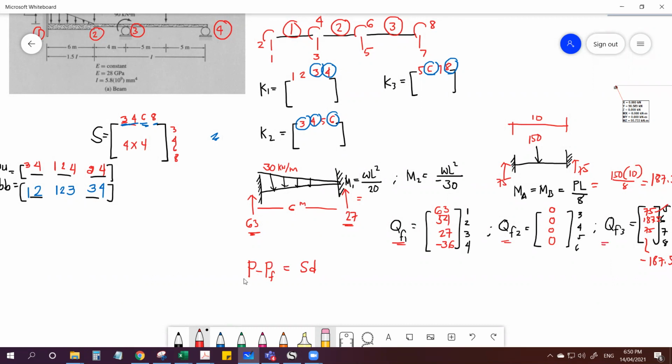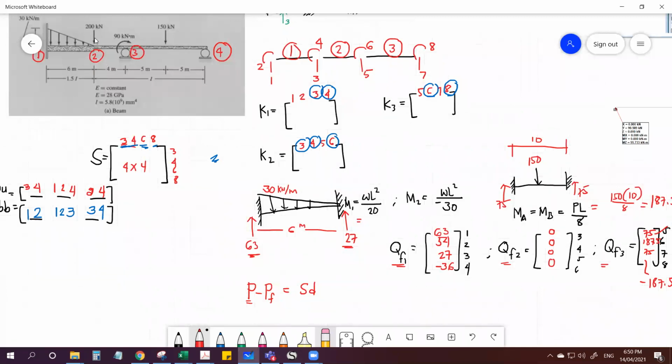While the P load vector will be the load vector applied at the nodes. In this case, as you see, we have load forces applied at the nodes, the 200 kilonewton and the 90 kilonewton meter.